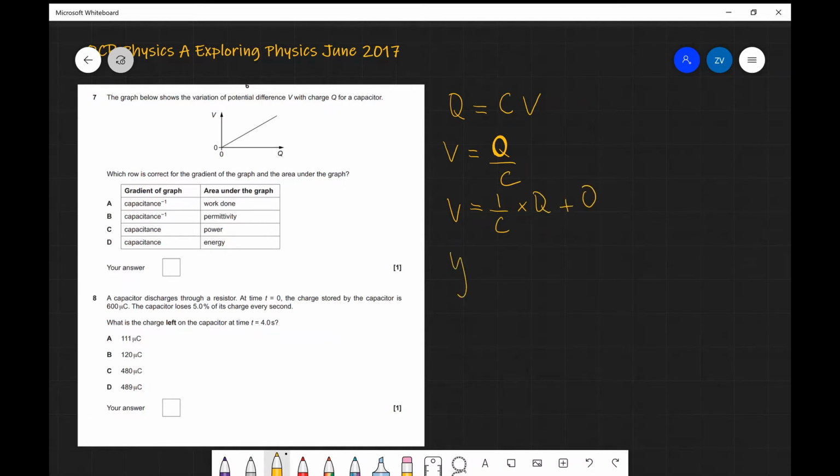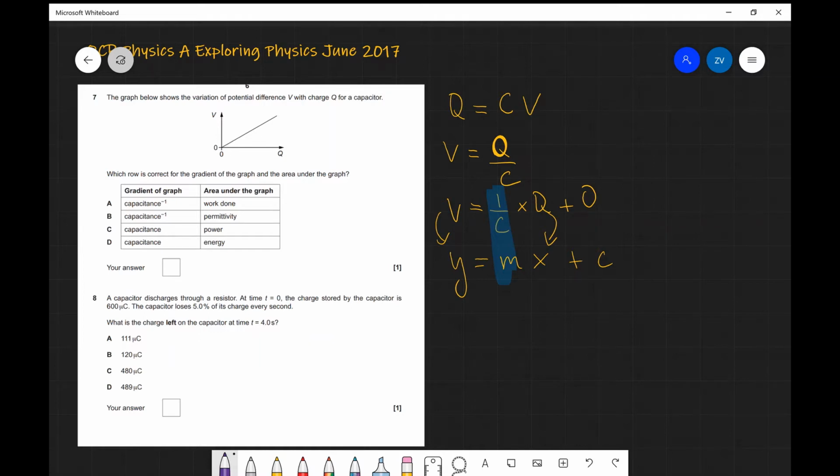So we know that y equals mx plus c, V is on the y-axis, Q is on the x-axis, which leads our gradient to be 1 over C, which is capacitance to a power of -1. So just from that little calculation in itself, we know that the answer is going to be either A or B.